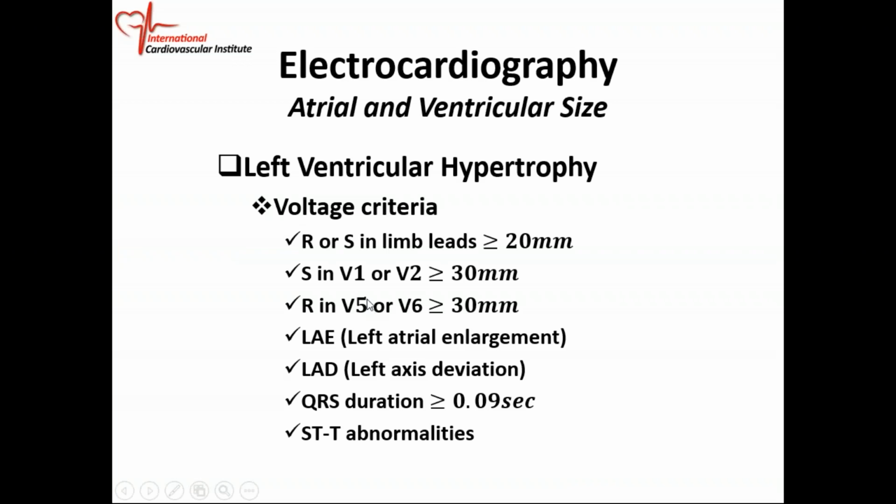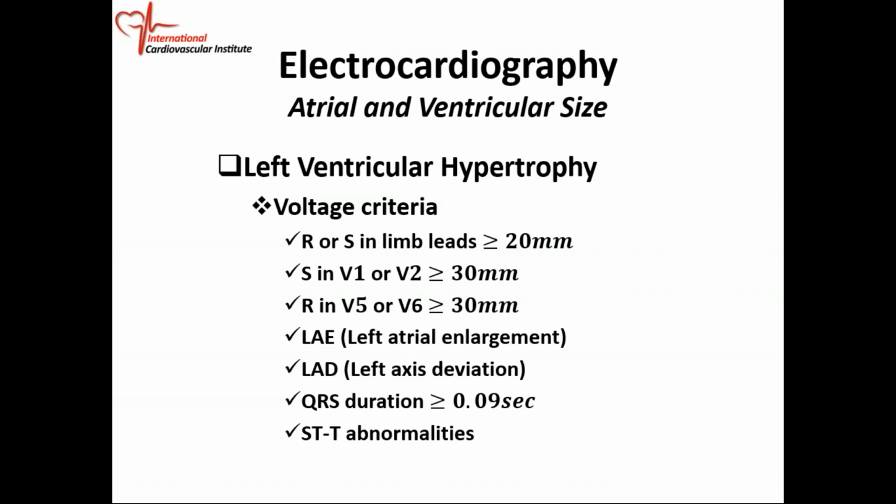So when you look in your limb leads, you know your limb leads are lead 1, lead 2, 3, AVR, AVL, and AVF. Those are your limb leads. If you have any R or S which is greater than 20 millimeters, remember the height of each tiny block is 1 millimeter.